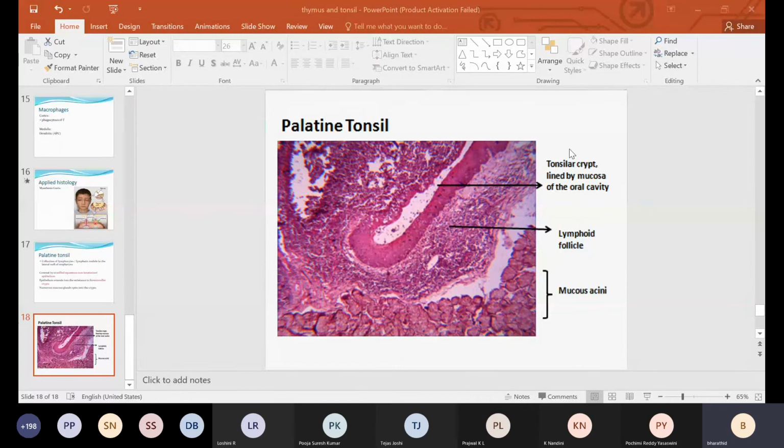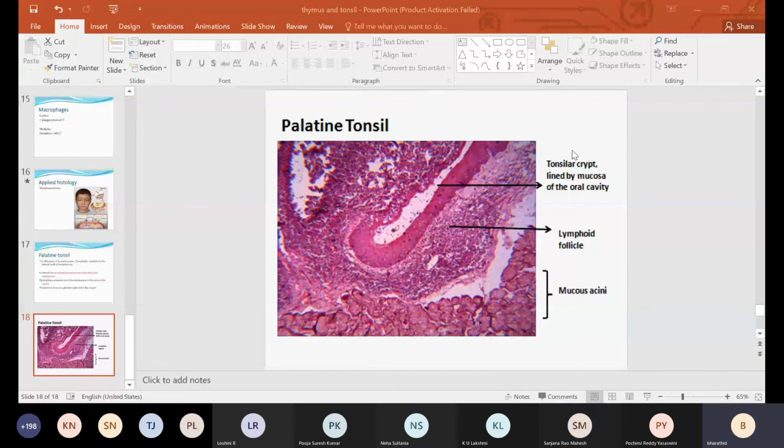It is covered partly by a capsule, and it has tonsillar crypts. Yes, correct. What else? The crypt is lined by which type of epithelium?